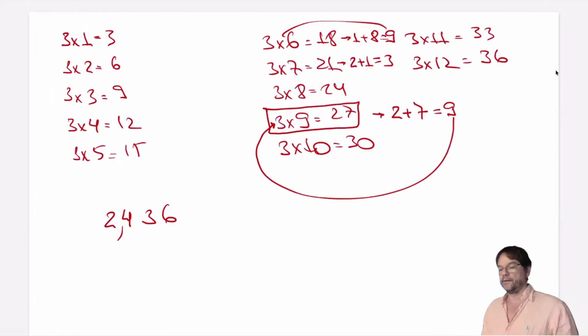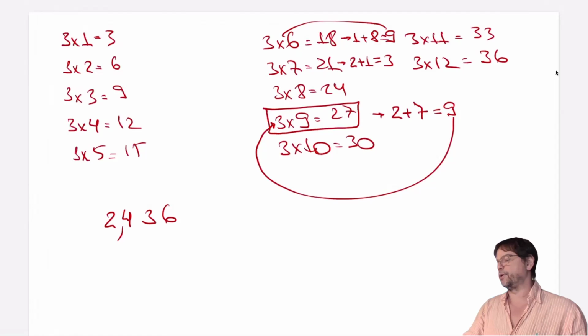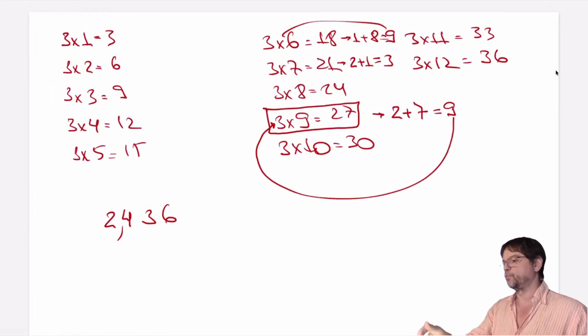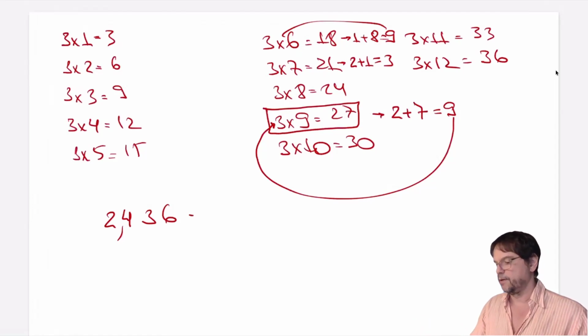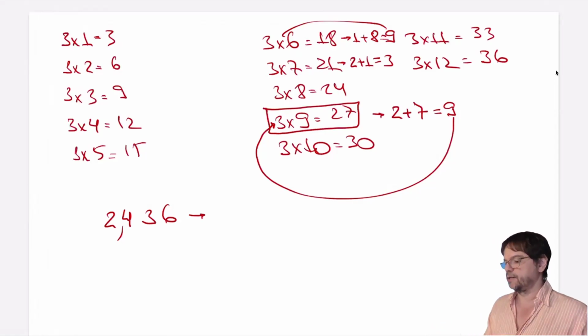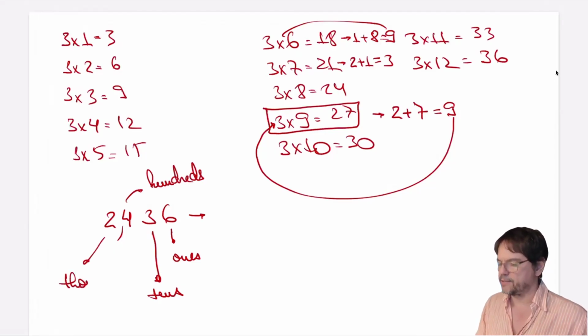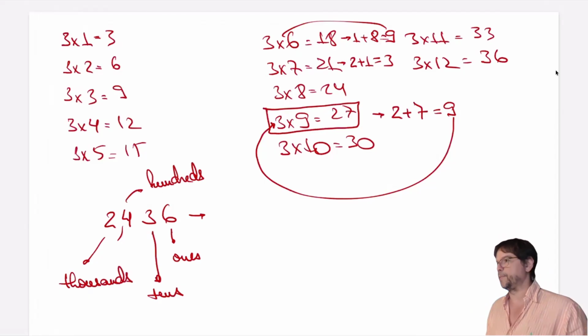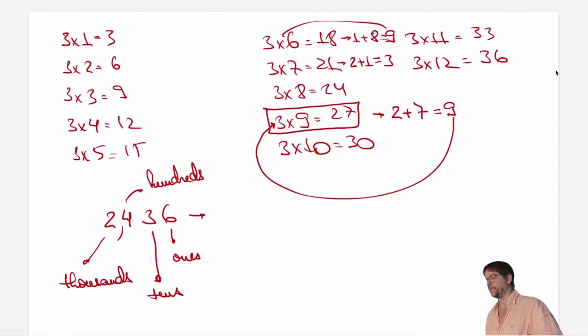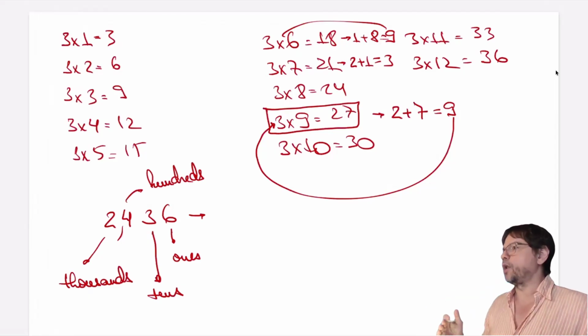Let's suppose just looking, you don't know. You use the rule that I just used. You add the digits: the ones digit, the tens digit, the hundreds digit, and the thousands digit. Do you agree with me? Okay. You add all of them.